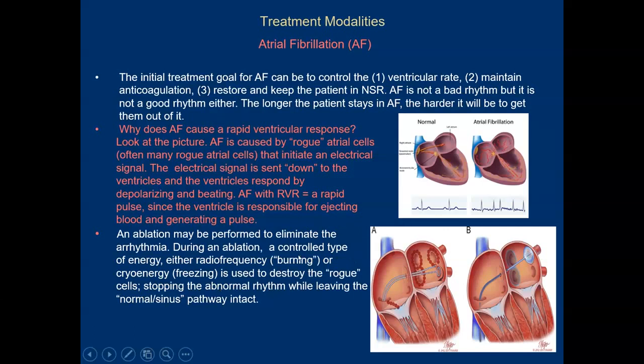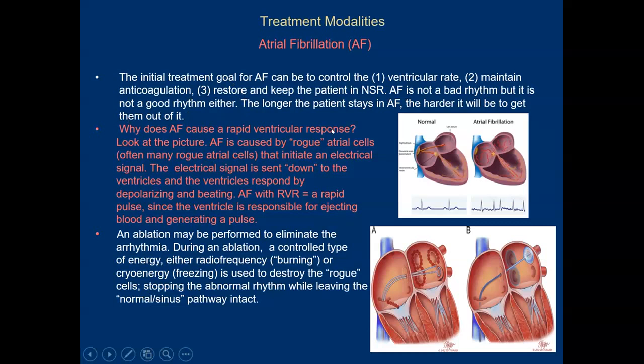Now, I don't think it's necessary for you to know all of the details of this procedure. I've really summarized it in one slide, but I have, on some tests, seen a question about an ablation, and so I've added this information in there, and also the details of treatment for atrial fibrillation, because it is often on the exam and has been on recent tests.